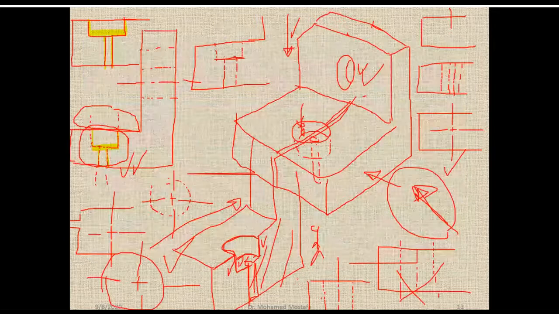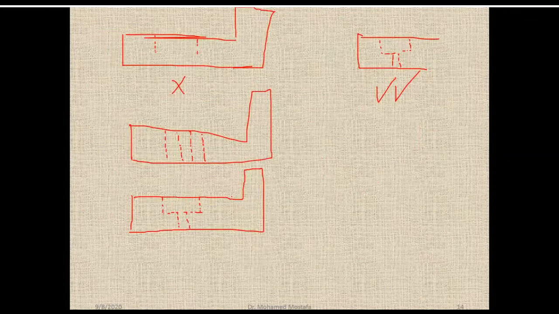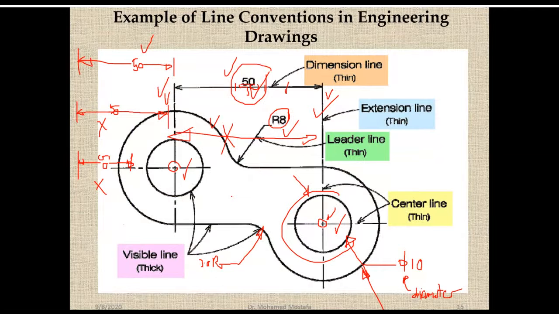I think these are the definitions, and these are some examples that show you how to deal with the problem. I'm going to come to this one later, inshallah, when we speak about the sectioning line. And finally, this is an example of line conventions in engineering drawing.